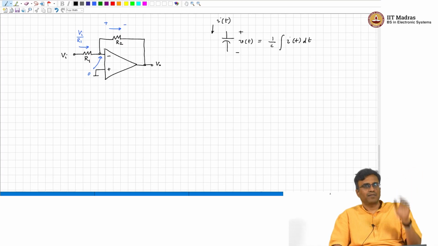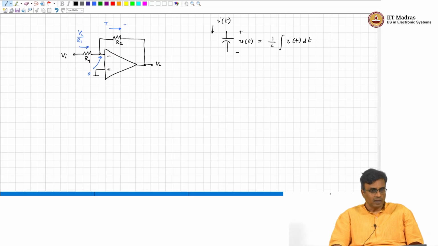So, staring at the left hand side, is there something that you can think of that will do the job? Replace R2 with a capacitor. Why?